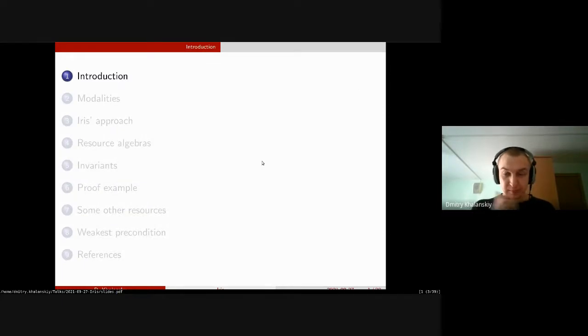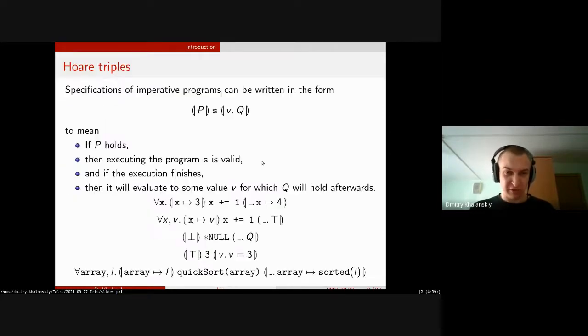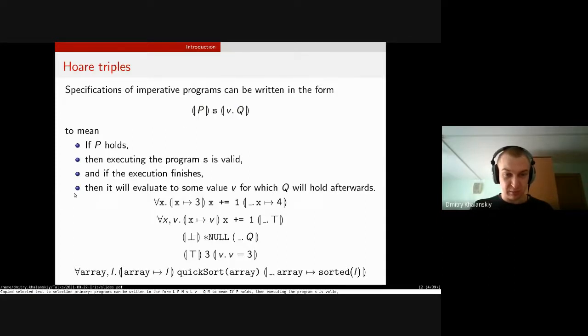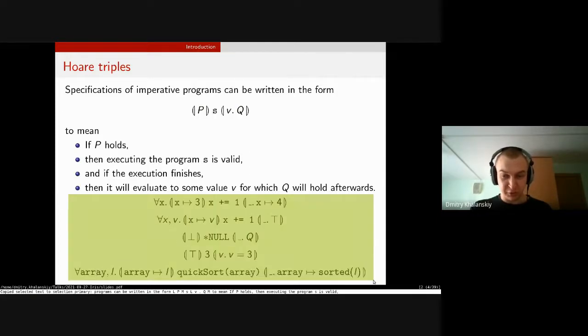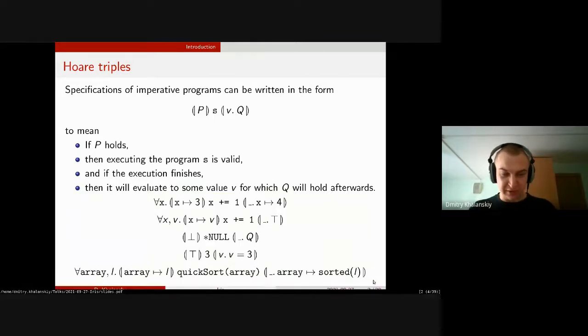For the introduction, I have prepared some slides about what Hoare triples are, and I suppose everyone already knows about them. I did list them as a prerequisite. If everyone is comfortable, I will be skipping ahead.